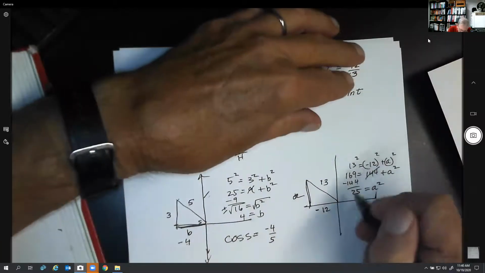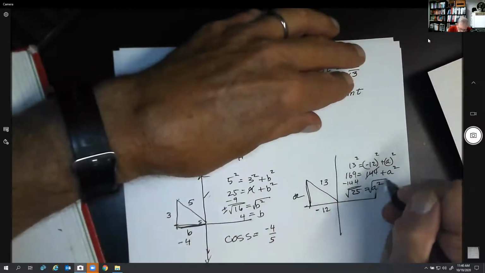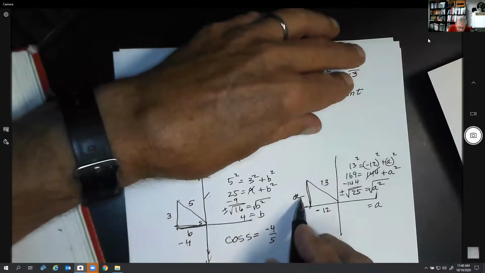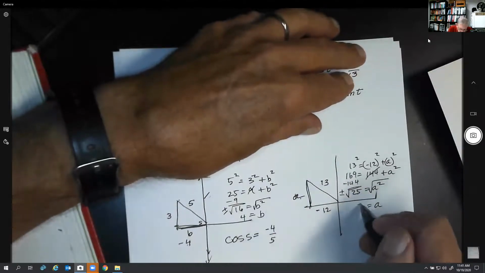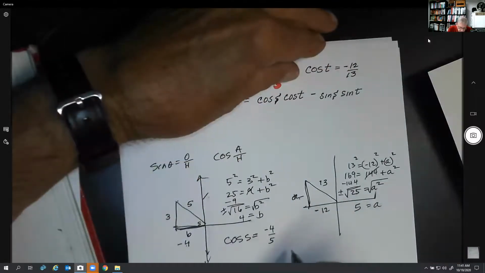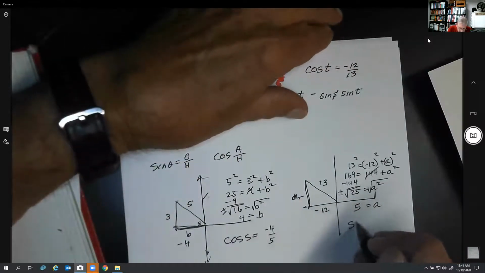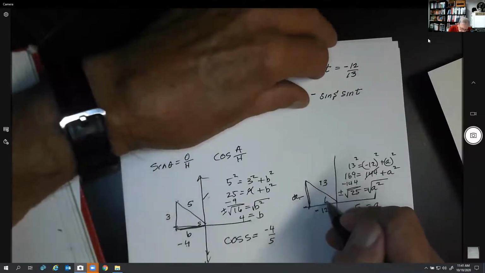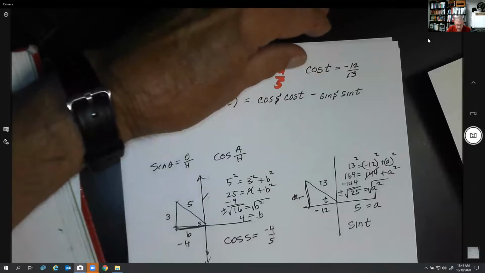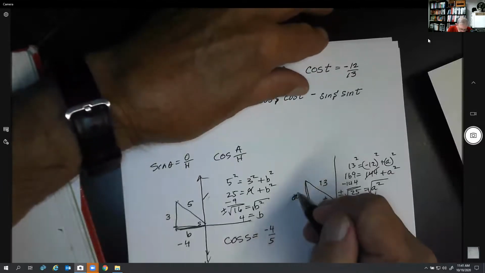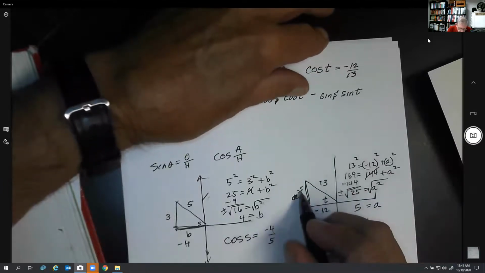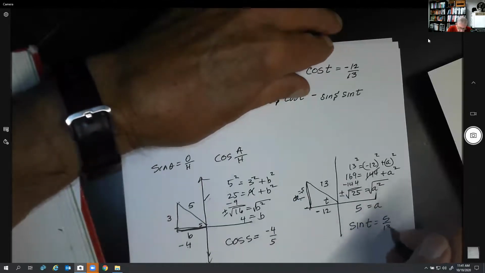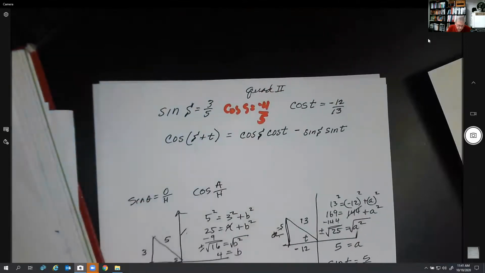Then you take the square root of that, plus or minus. We want the positive answer because we're going up, 5. So now we can figure out the sine of t. Call this angle t right there. The sine of t is the opposite over the hypotenuse, 5/13. And we can put that up here.